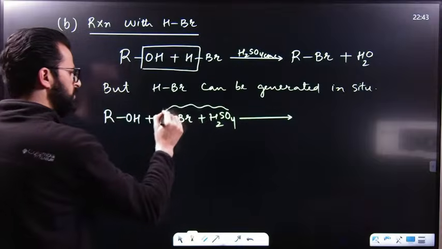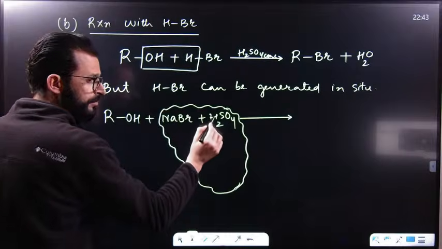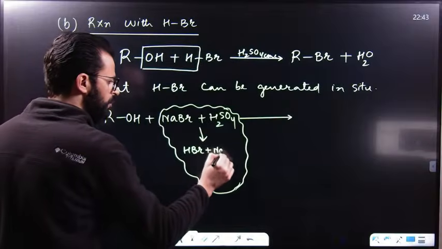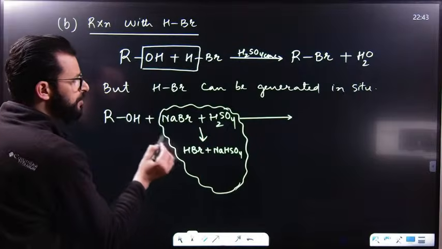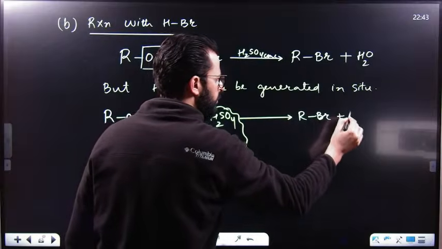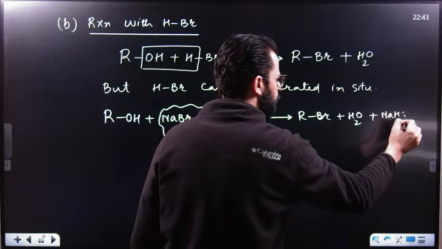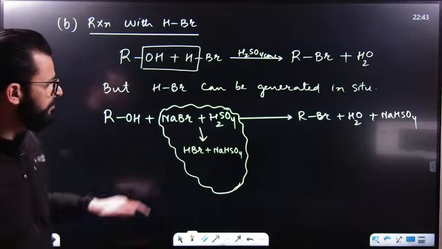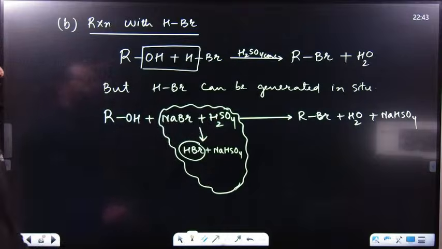These two will combine together and form H+ Br-, that means HBr, and here Na+ and HSO4-. Among these two, HBr will react with OH. When HBr reacts with the alcohol, RBr and water will be formed. NaHSO4 will not react, so it will remain as it is. So I mean to say, either we add HBr to the alcohol directly, or we form this HBr during the reaction. That's why I wrote in situ.